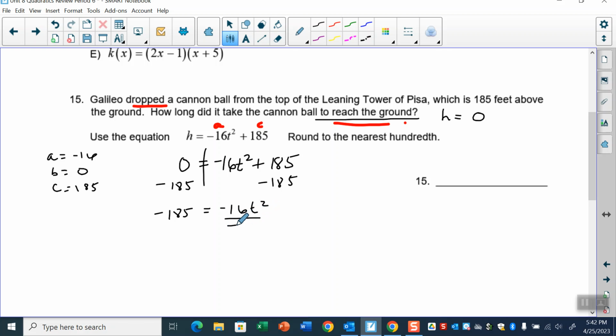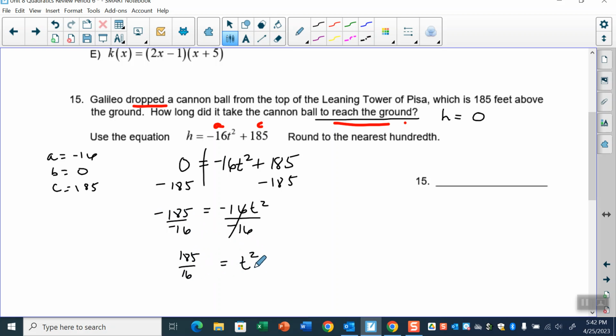So I'm going to divide by negative 16, divide by negative 16. So we get t squared equals that, right? So that would be 185 divided by 16.